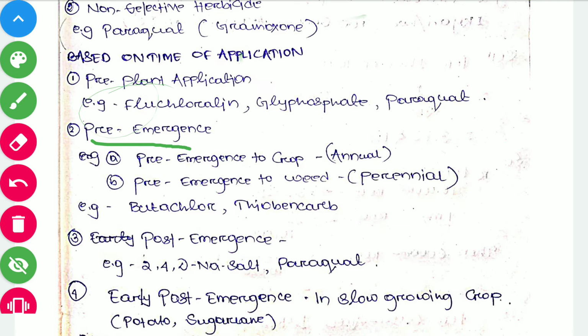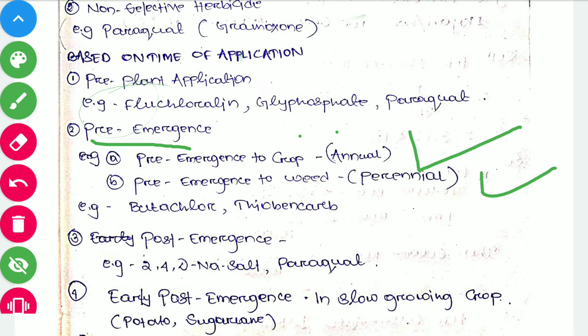We will deal with two situations. Whenever we are growing an annual crop like rice, wheat, in this case, after sowing the crop we will go for application but before the emergence.